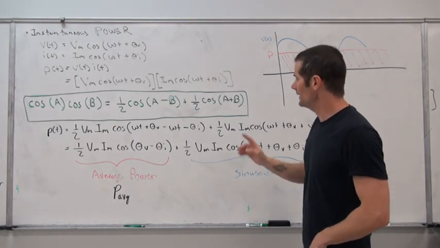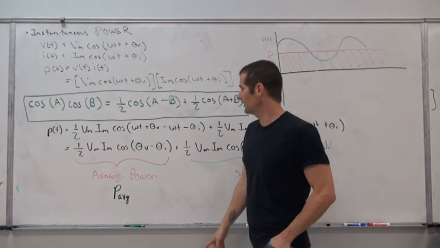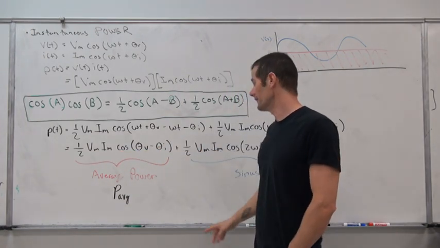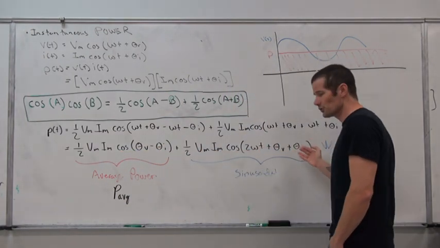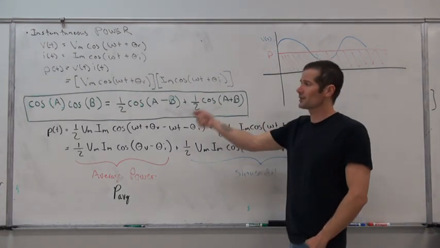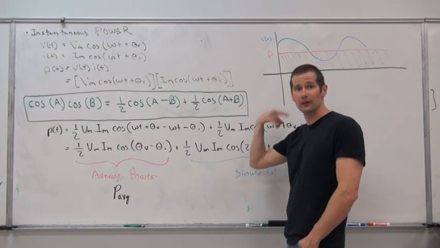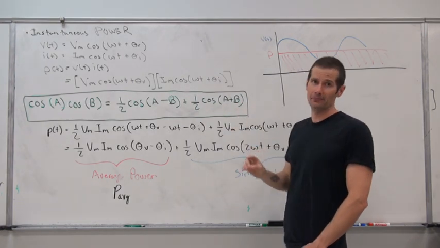Now, what we actually find here is not only do we have a DC portion of that power, but we also have a sinusoidal portion of that power that constantly gets cycled back and forth from the source to whatever load element we're delivering that power to.